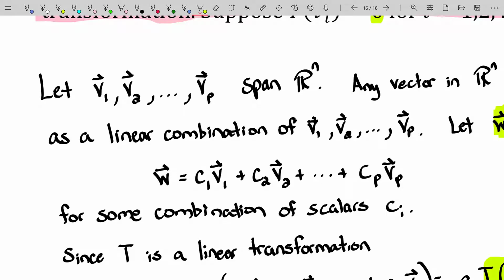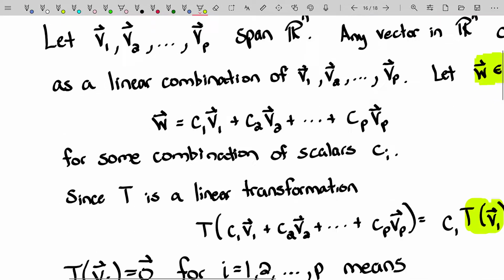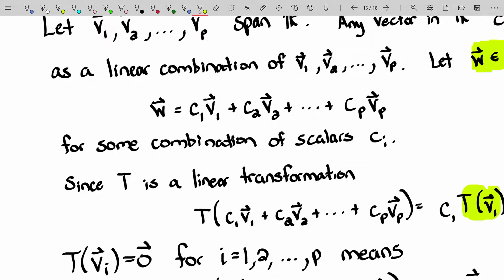And then we switched gears. We really didn't switch gears, but then we started using the fact that T is a linear transformation, and we forgot about the fact that this linear combination that we were using for the rest of the time represents an arbitrary vector in our domain. So let's continue reading.